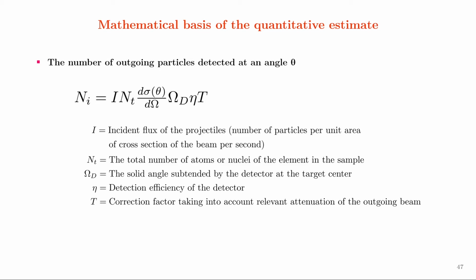Nt is the total number of atoms or nuclei of the element in the sample. Omega d is the solid angle subtended by the detector at the target center. Eta is the detection efficiency of the detector. And T is the correction factor taking into account relevant attenuation of the outgoing beam. A measurement of Ni and knowledge of all other factors yields Nt.